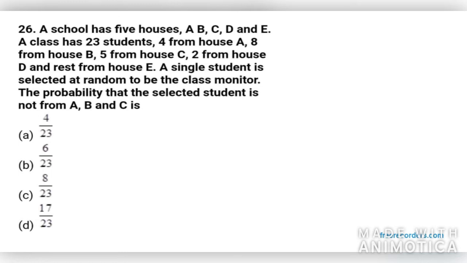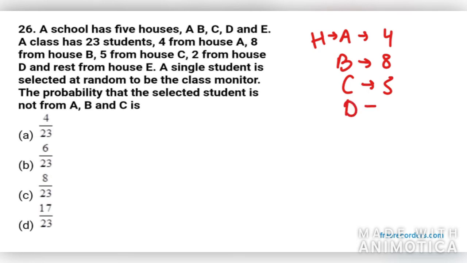House A has 4 students, B has 8, C has 5, D has 2, and the rest are from house E. As there are 23 in total, 4 plus 8 is 12, 12 plus 5 is 17, 17 plus 2 is 19. 23 take away 19 is 4. That means E in this case is 4.